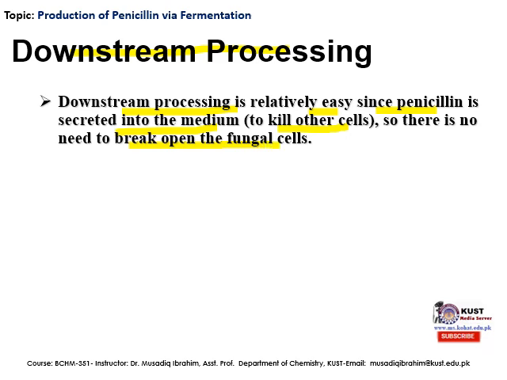This is an important advantage of the production process of penicillin: when penicillin is produced as a secondary metabolite, it is secreted outside the cell into the fermentation tank. So the penicillin is already present outside the fungal or bacterial cells, and the cells don't need to be damaged, destroyed or broken.